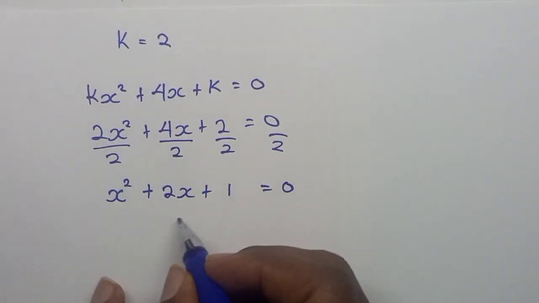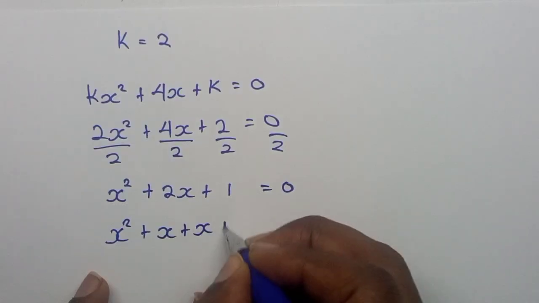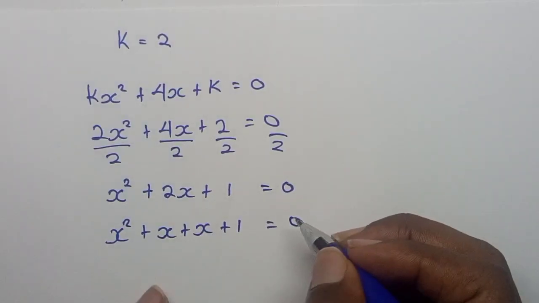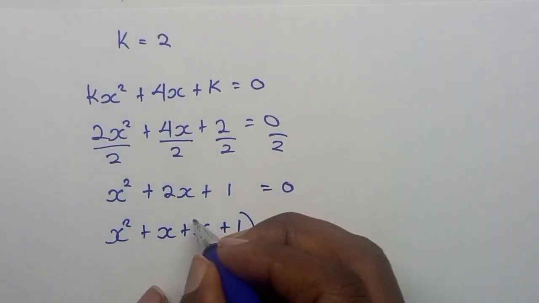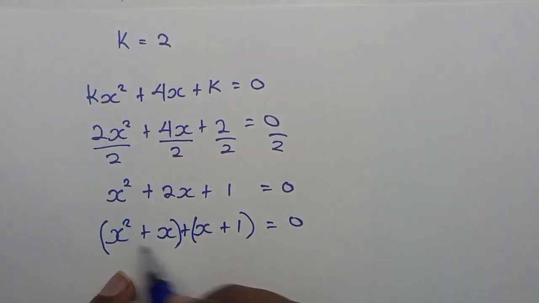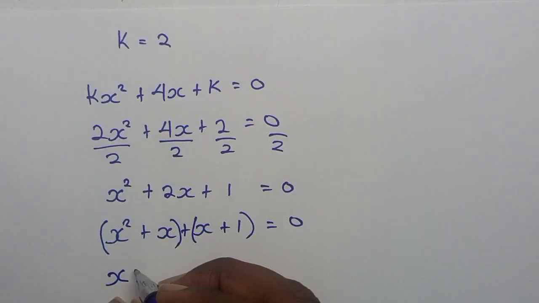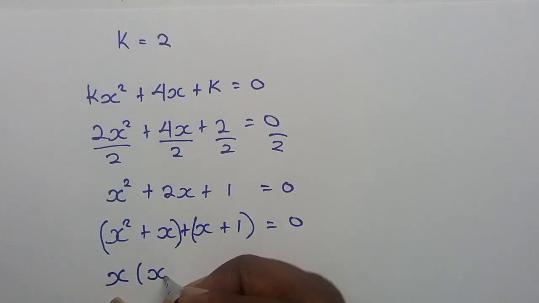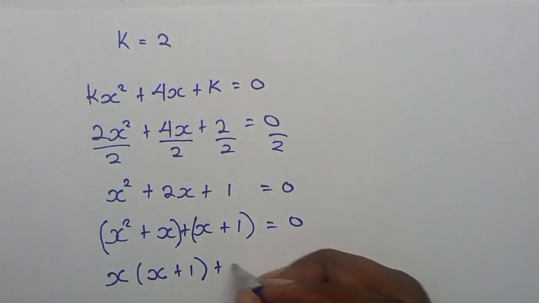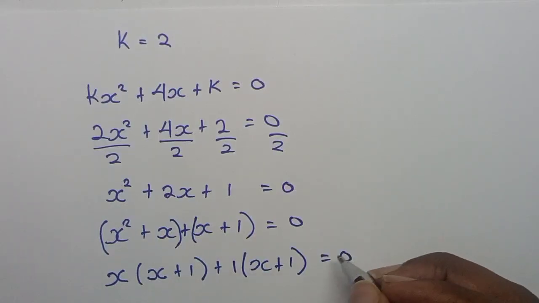So 2x is the same as x plus x, so we shall have x squared plus x plus x plus 1 is equal to 0. So let us group them. In this first group, x is common, we factor it out, so we shall have x into (x plus 1), then plus 1 into (x plus 1) is equal to 0.